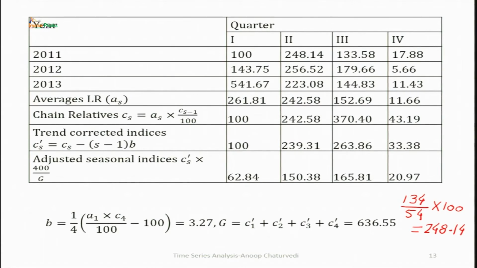Finally, we obtain the adjusted seasonal indices. Since you have quarterly data, you have to adjust it so that the sum of all the indices becomes 400. So, we use this formula, divide CS dash by the grand total and multiply it by 400, and you get the final figures.